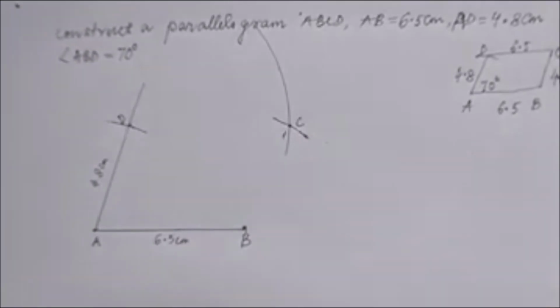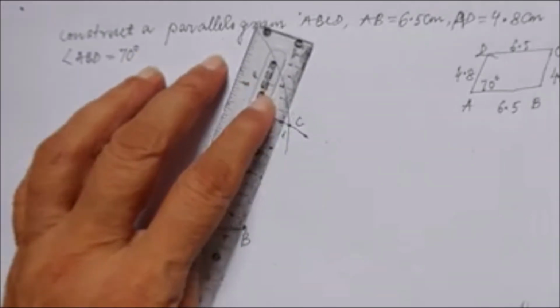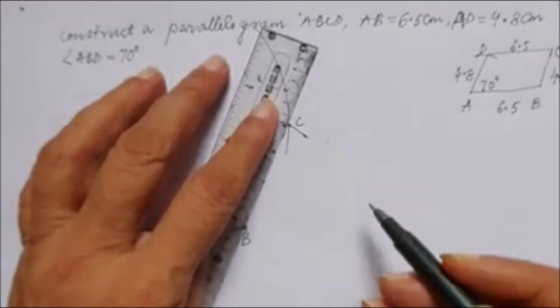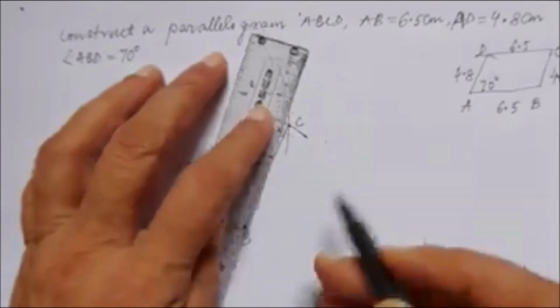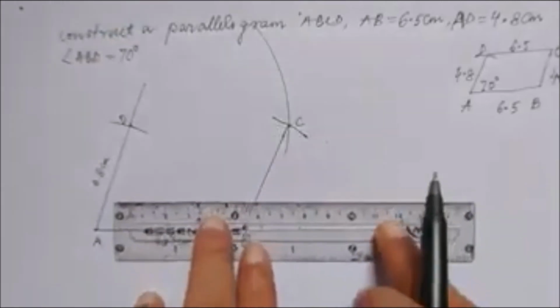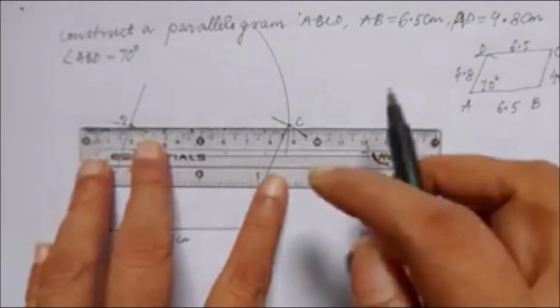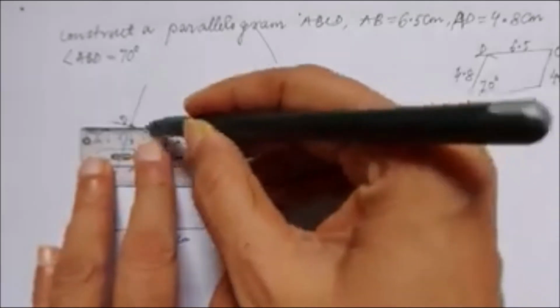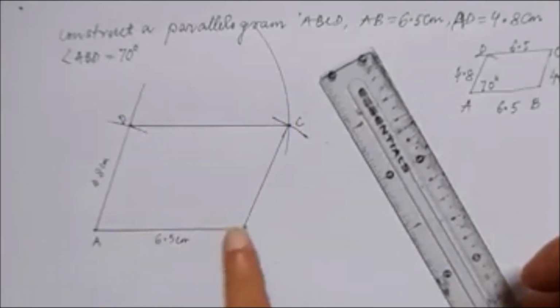Now what we'll do? We'll join the sides so that the parallelogram will be drawn. So I'll join C with B. Now I'll join C and D. So this is another side of the parallelogram. So ABCD is the parallelogram.